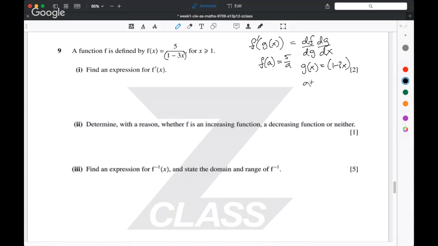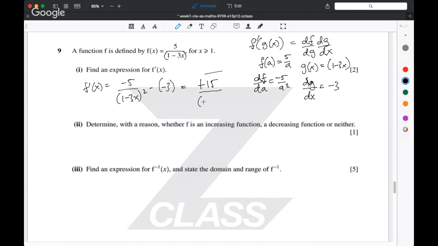So firstly, dg dx is equal to minus 3, and df dA is equal to minus 5 on a squared. And of course, a is g. So f prime of x is going to be equal to minus 5 over g squared times dg dx, which is minus 3. And that's the correct answer. So there was just a plus there. That should go on the outside.